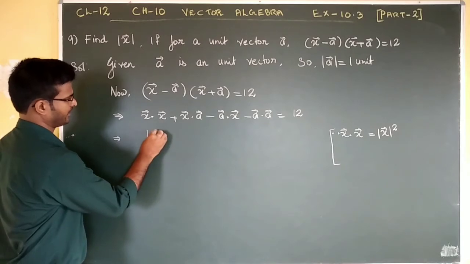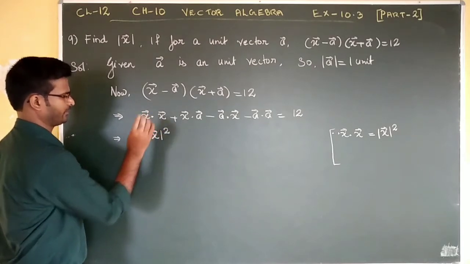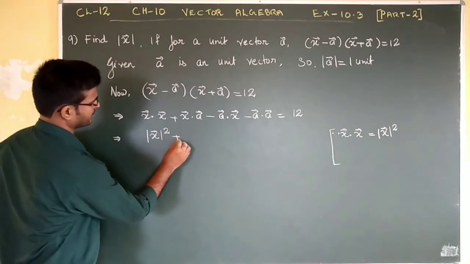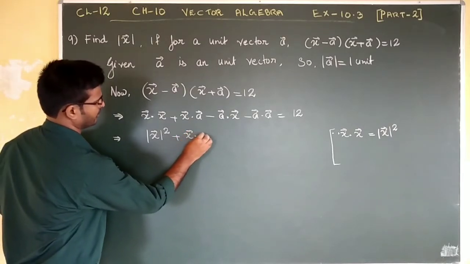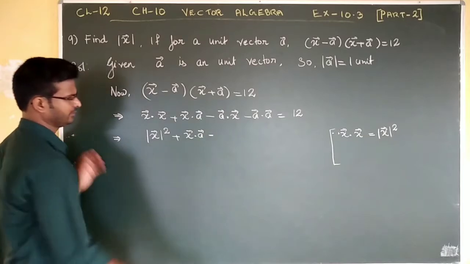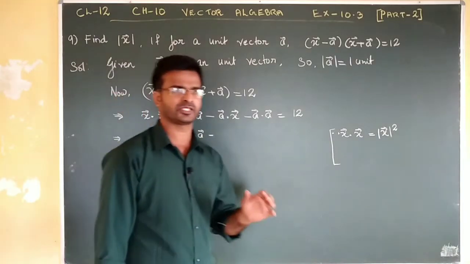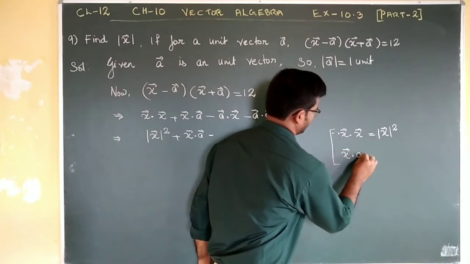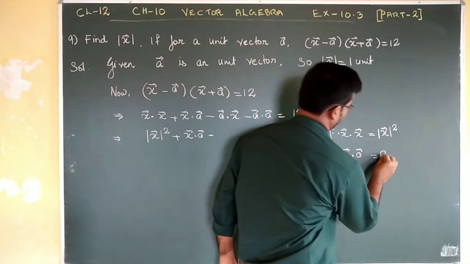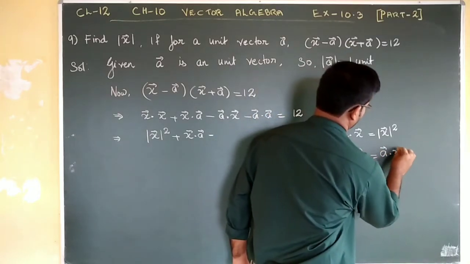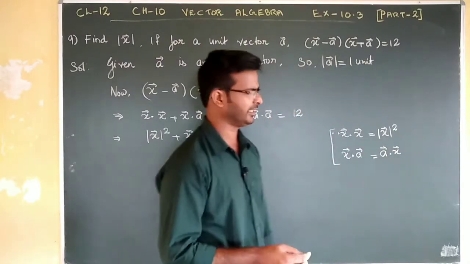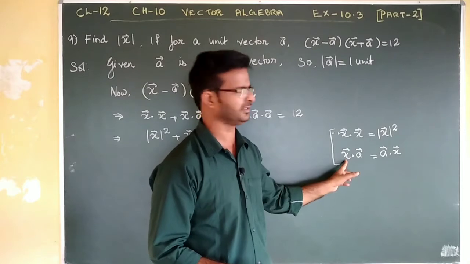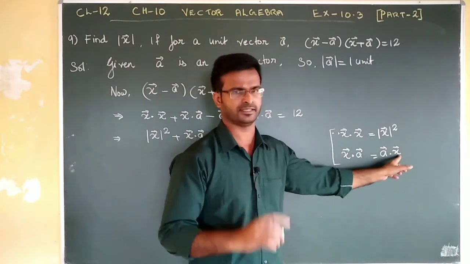Then the first part we can write as magnitude, otherwise modulus, of x vector square, plus x vector dot A vector, minus. Scalar product is commutative. Commutative means x vector dot A vector and A vector dot x vector are equal. You can see on the left side the position of x vector is first place, and on the right side it is second place.